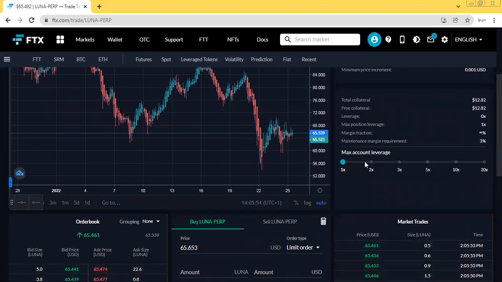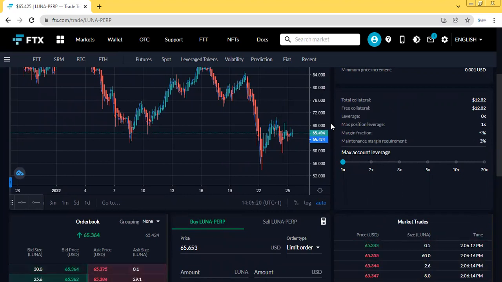Check your maximum account leverage. My own, I normally put 1x, or if I have enough crypto in my wallet, I put 2x. Because if you put 3x or 4x and the trade moves against your account, your account will liquidate, which means that you lose your money.